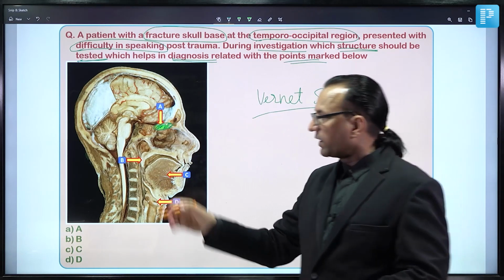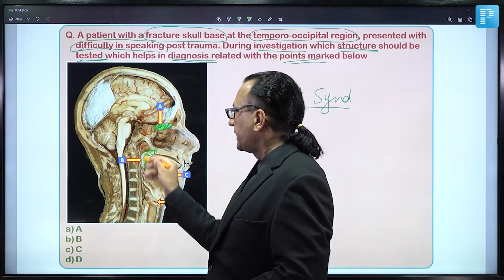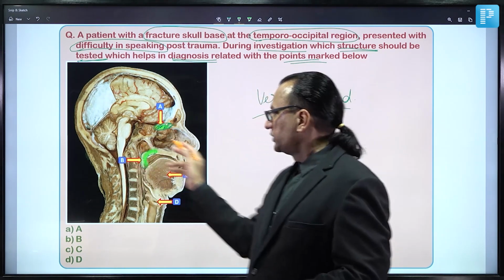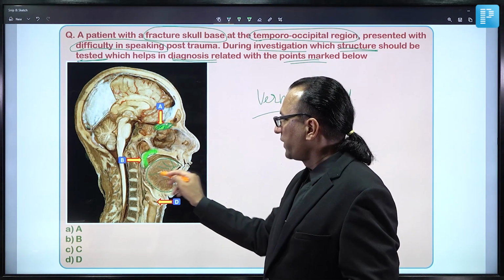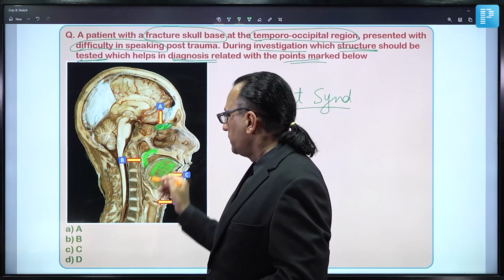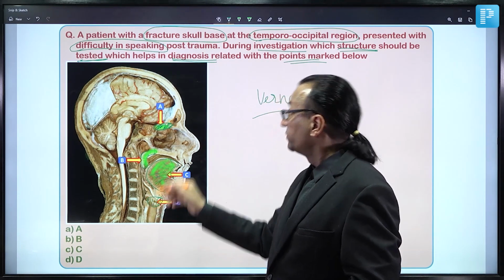B is on the soft palate, the uvula, which might be tested for lesions of the 9th or 10th nerve. Marker C is on the tongue, which is basically the hypoglossal nerve, cranial number 12. And they are putting marker D on the larynx. Obviously, it is about the vagus nerve, mostly.